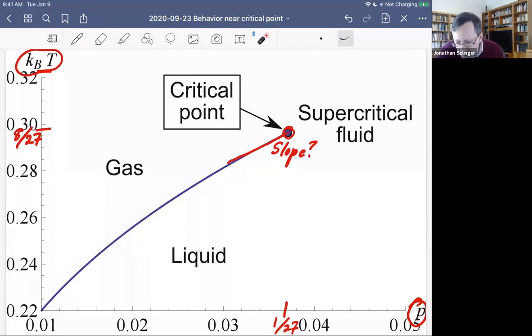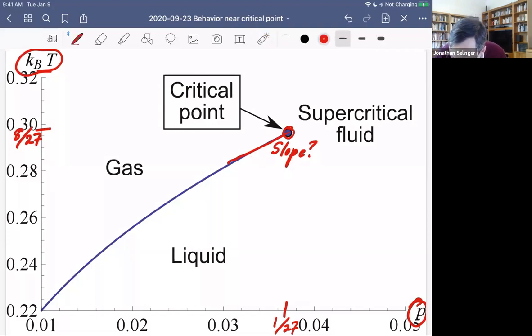What else could we try to figure out? Well, we might want to know how different the liquid and the gas are on the two sides of the phase transition. So on the liquid side, whoops, wrong pen.